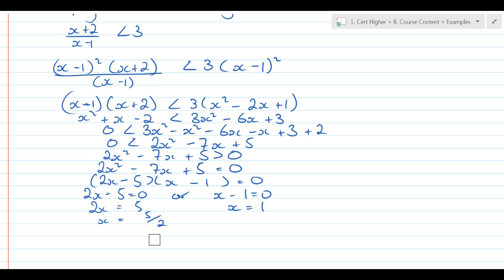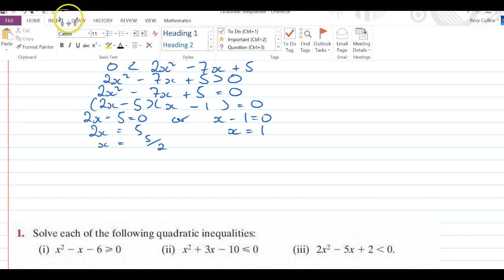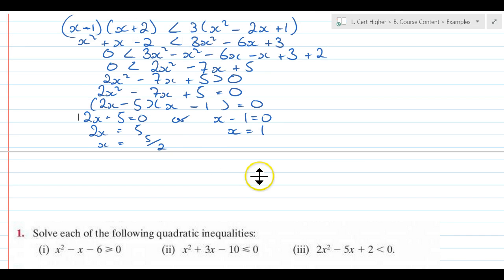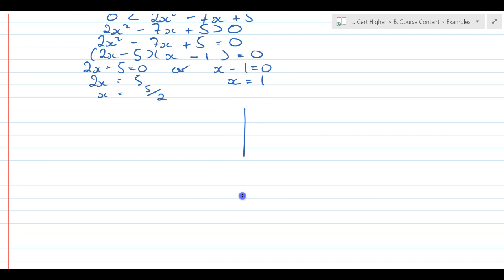What does that mean graphically? It's where the curve is crossing the x-axis at these two points. So let's go and graph it. I'm going to do a quick sketch just to help me find a solution set for this inequality. We're crossing the x-axis at 1, and at 5 halves, which is 2.5.